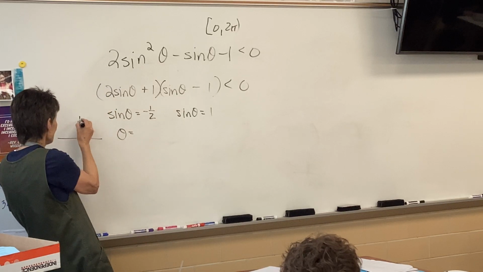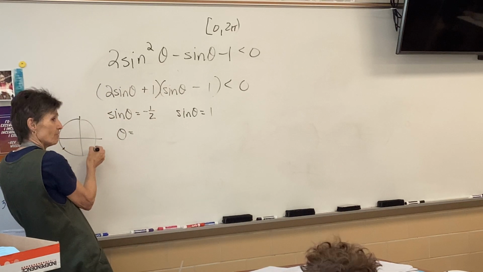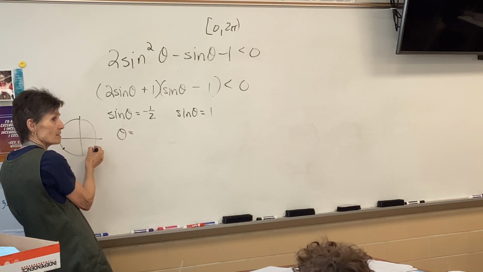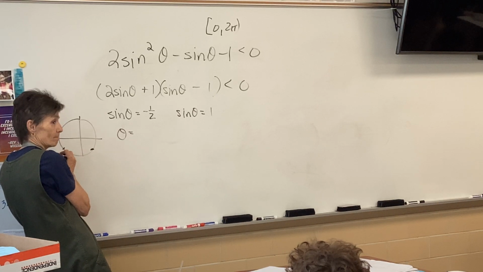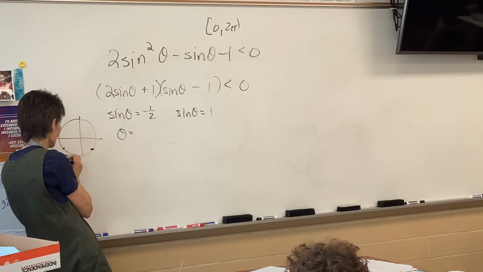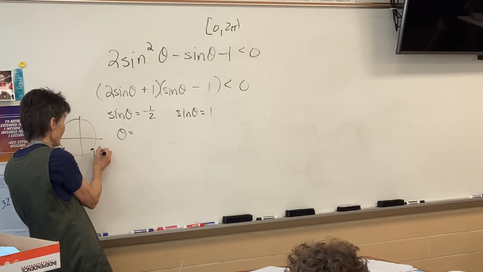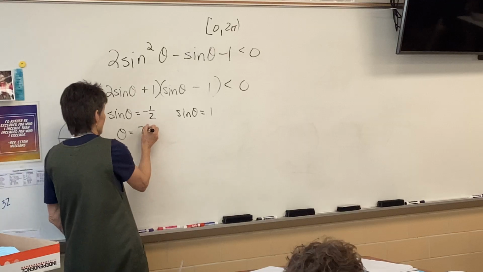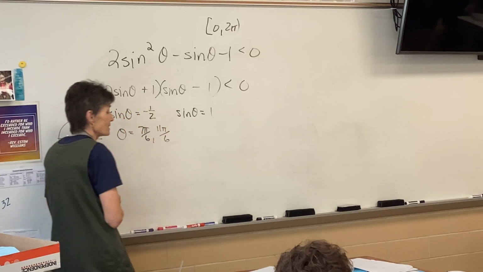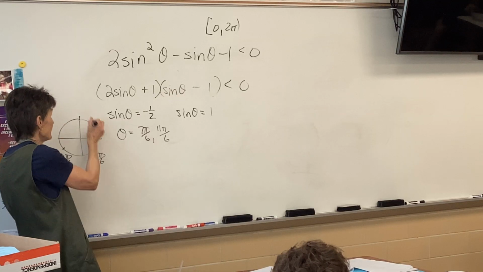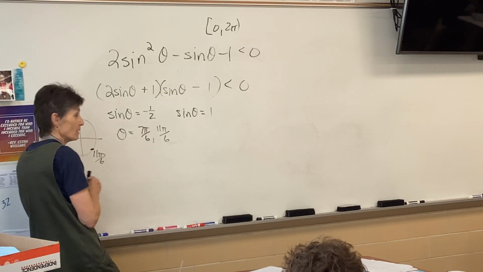The sine is -1/2 at 7 pi over 6, very good, and 11 pi over 6. I'm figuring out where my dots are going to be. Where is the sine 1? Pi over 2.